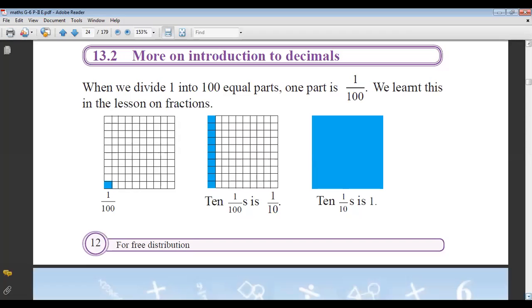If there are 10 portions like this, I say 10 out of 100, then we simplify it, then it is 1 out of 10. Like this, if there are 10 portions of 1 out of 10, then it has to be 10 out of 10. When we simplify it, you will get 1.